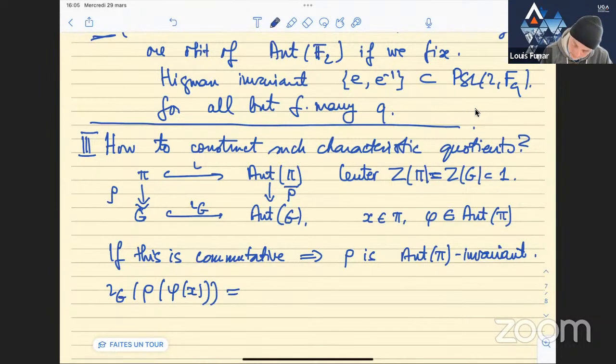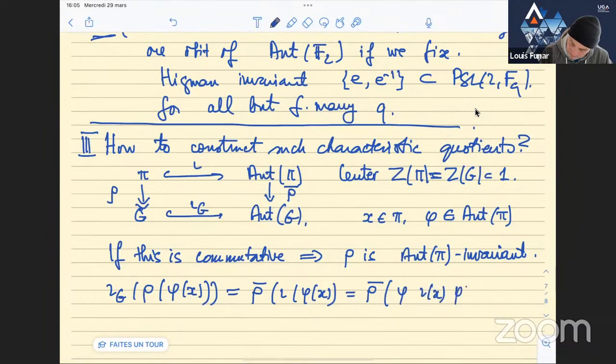And this is the same as rho bar of I of phi of x. So this is rho bar of phi I of x phi inverse, because I'm seeing that as acting, the embedding is into the inner automorphisms.